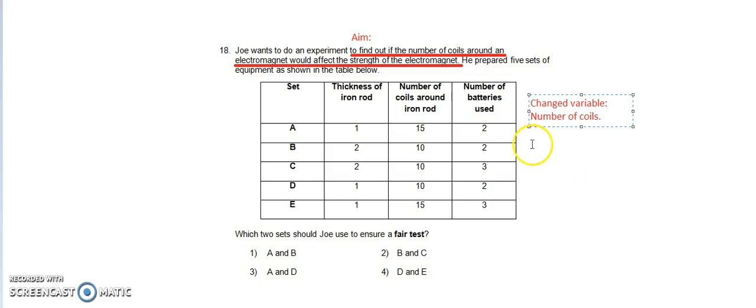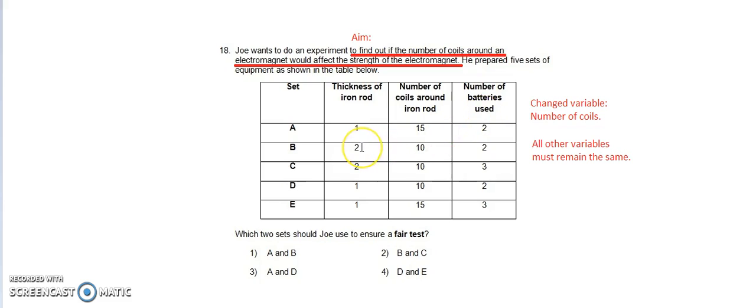Okay, so we also put a note there that all other variables must remain the same. Okay, so now we know that only the number of coils around the iron rod should be changed, whereas the thickness of the rod and the number of batteries used should be the same.